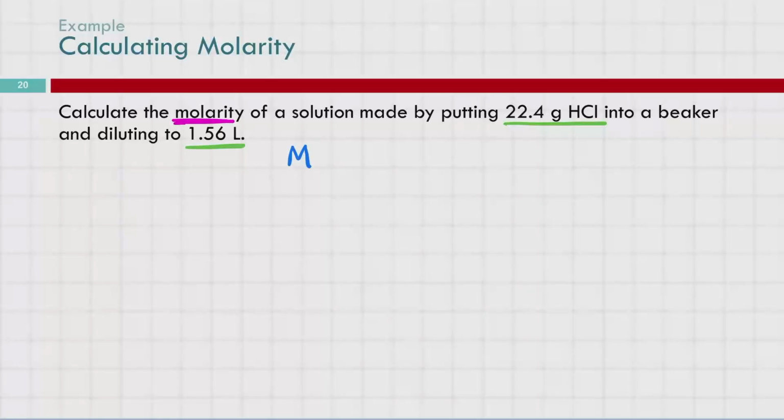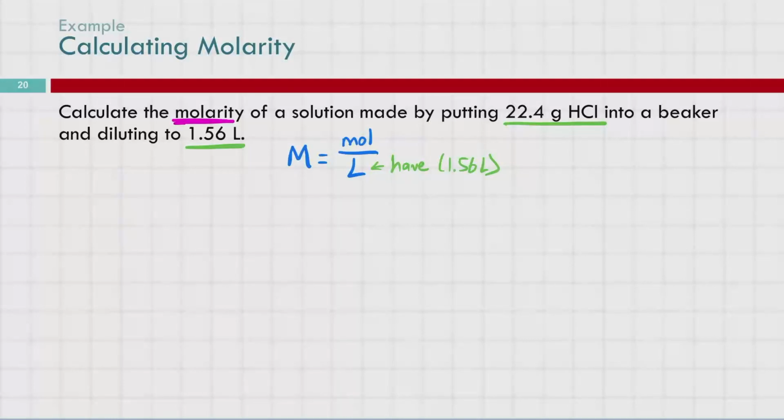Our formula, our equation, molarity equals moles over liters. Do we have liters? Yes, we have liters. It's 1.56 liters. Do we have moles? No, we don't have moles. How do we get moles?